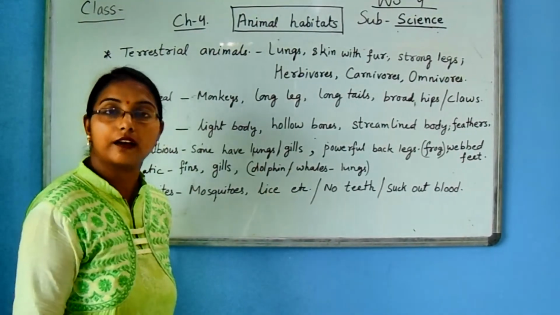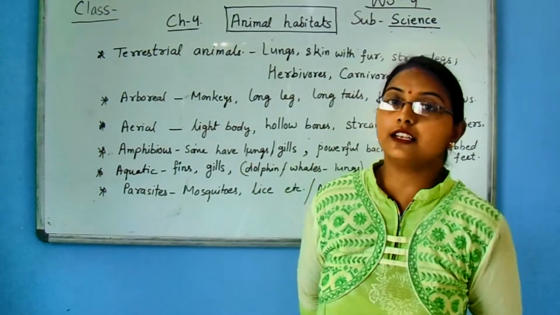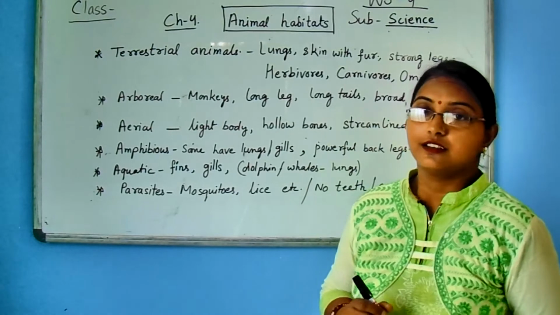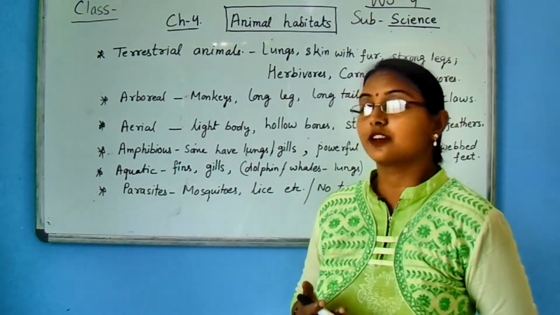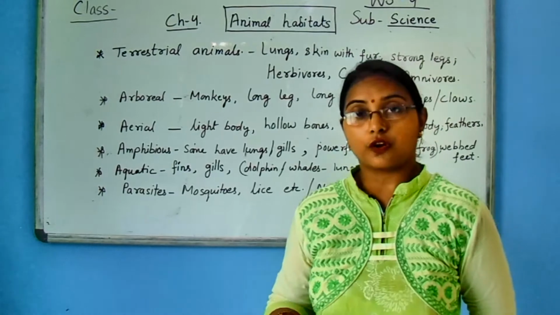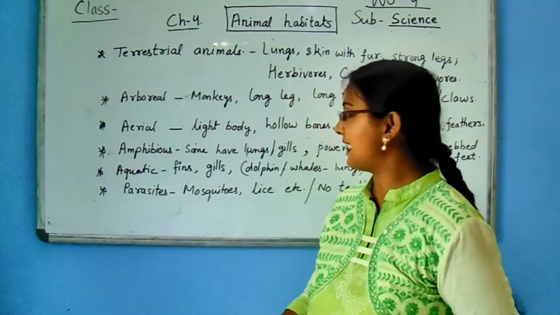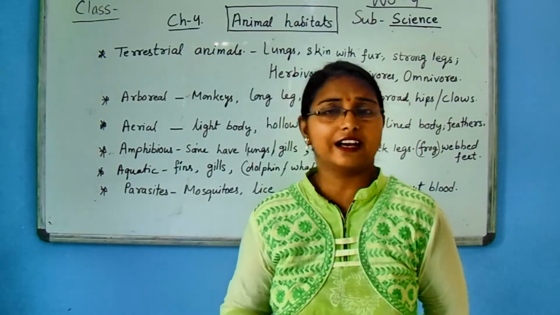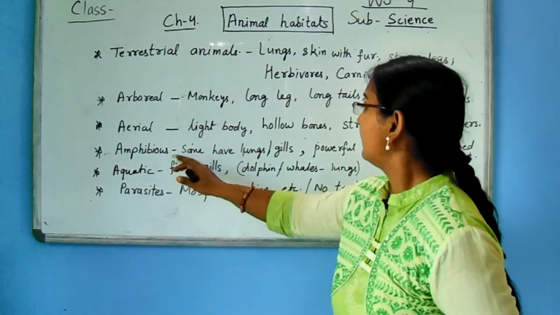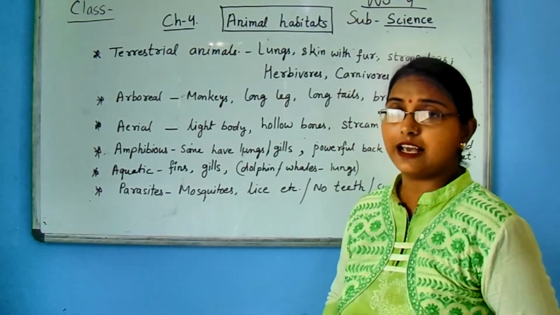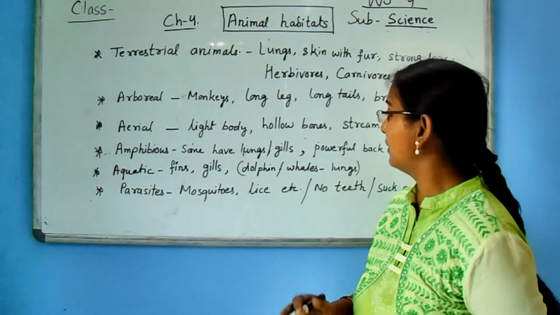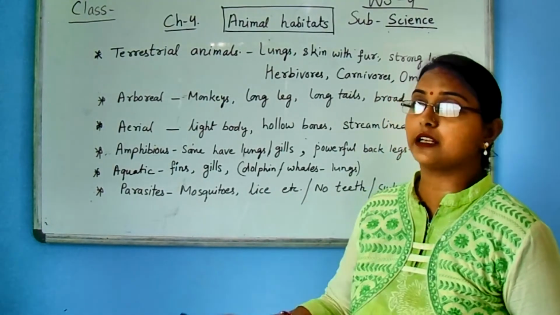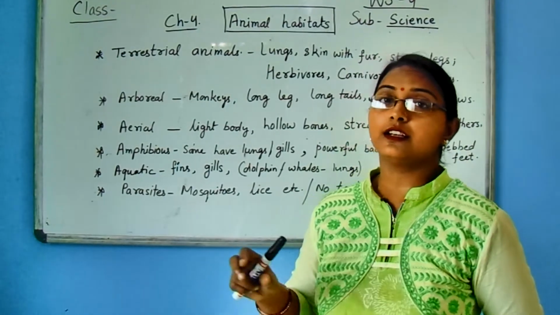Amphibious animals. Amphibious animals can live both on land and in water. Some examples are crocodiles, frogs, etc. Snakes also, but some amphibious animals you may consider are snakes, frogs and crocodiles. They live both on land and in water, so they have special adaptations to survive.